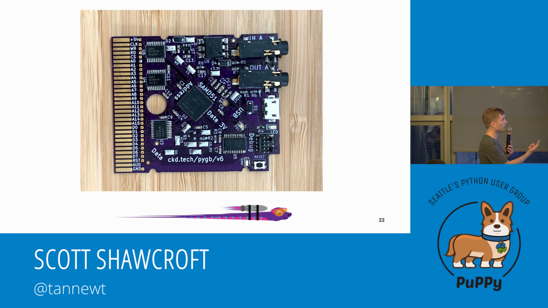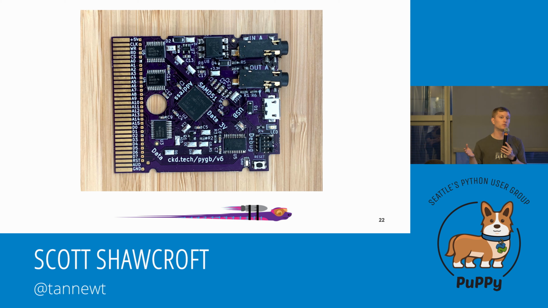The wires I want to point out here are clock, the second one down, CLK. That's going to make sure that the cart and the Game Boy are synchronized on when they're reading data and when data is maybe not so good. We have 16 address lines, so A0 through A15 are all address. And those are called a bus.